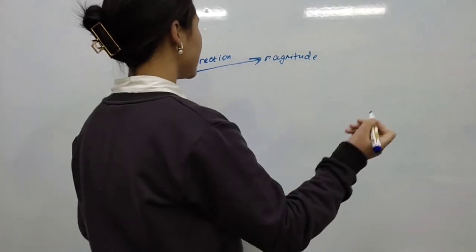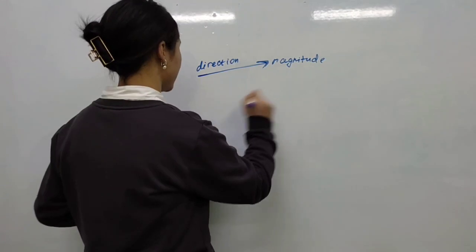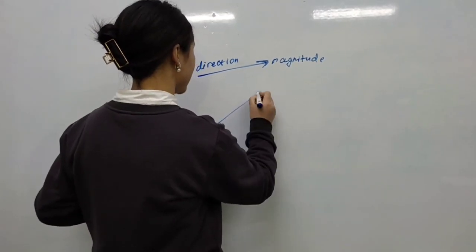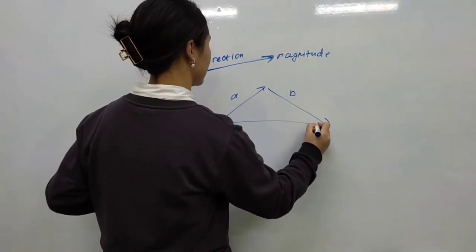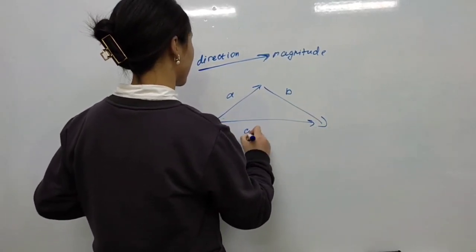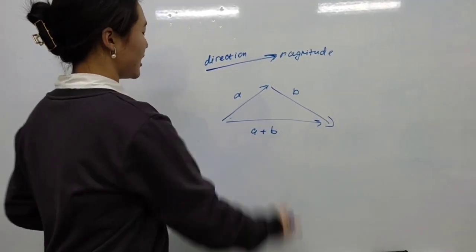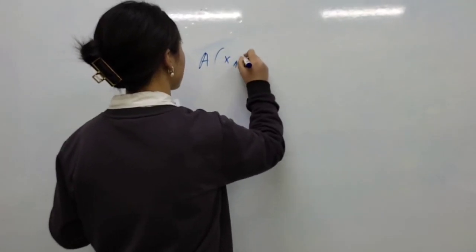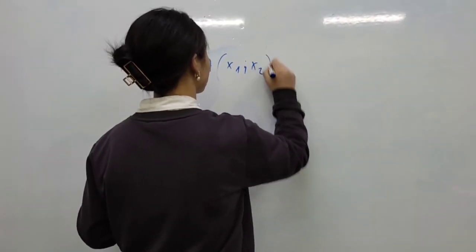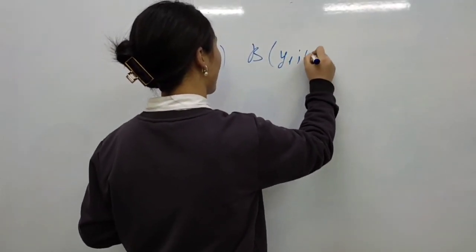We can add two vectors by joining them head to tail. We can add two vectors A and B, A plus B. Okay, A is the set of x1 and x2, and B is the set of y1 and y2.